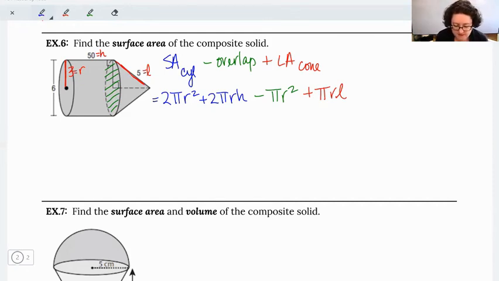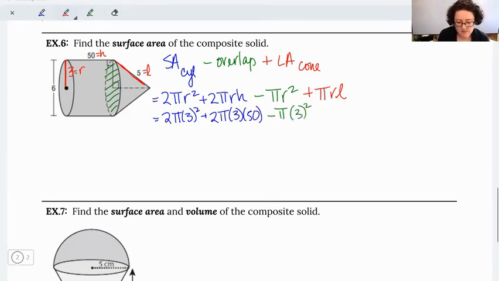So first piece, surface area, we're going to do 2 pi times 3 squared plus 2 times pi times 3 times 50. We're going to subtract out pi times 3 squared. And then we're adding our lateral area, pi times our 3 times our slant height, 5. Alrighty. So again, I'm going to leave everything in terms of pi.